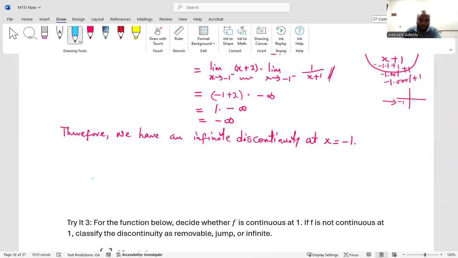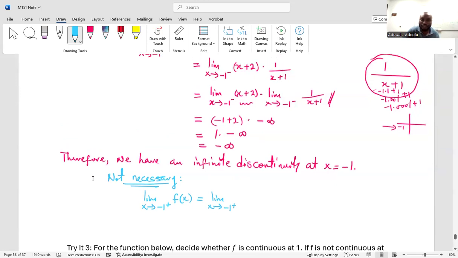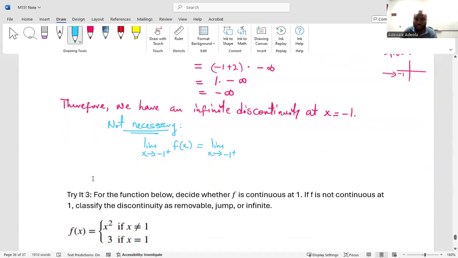This is just, I would say, not necessary, but just to remind you of some things. So limit as x goes to -1 from above of f of x equals limit as x goes to -1 from above of x plus 2 over x plus 1.